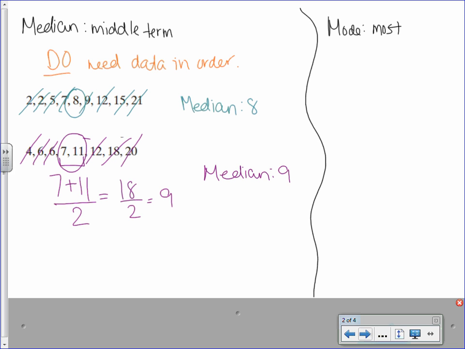So if I come back over here to this first median example, and I look at this data, I've got 2 2s. So 2s are happening twice, and everything else just happens once. Okay, so since 2 is happening the most often, the mode of this first set of data is 2.